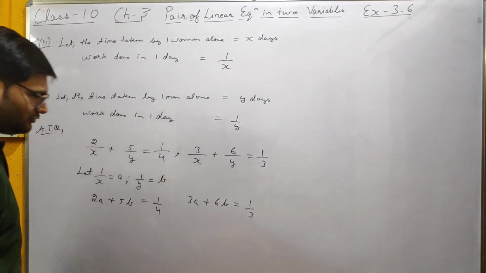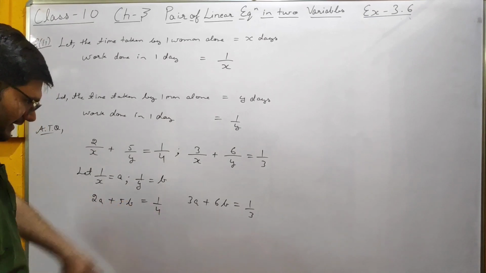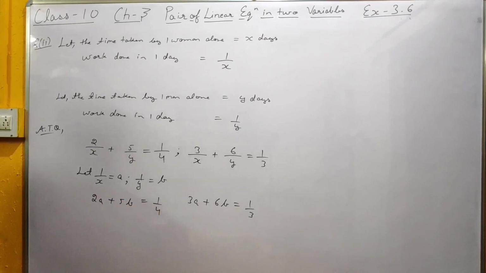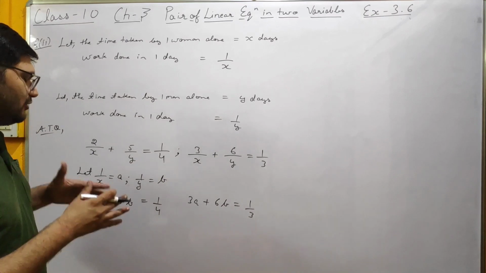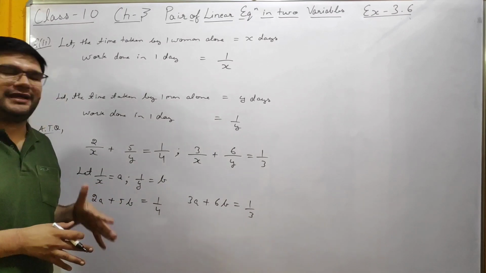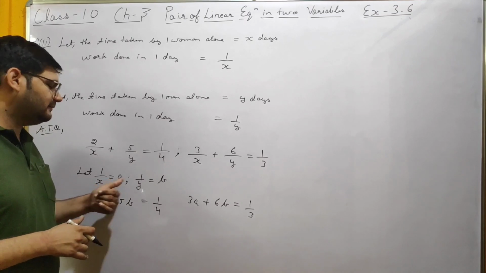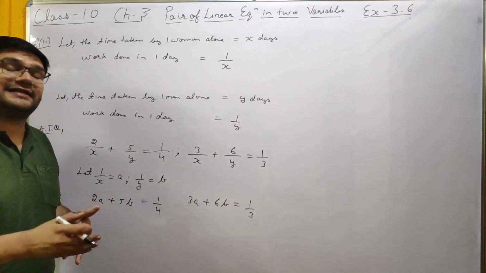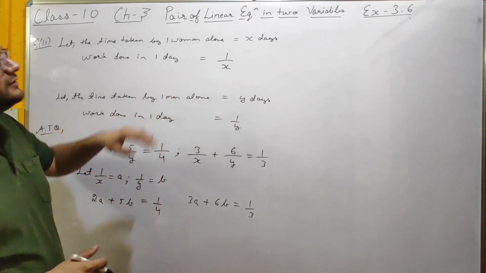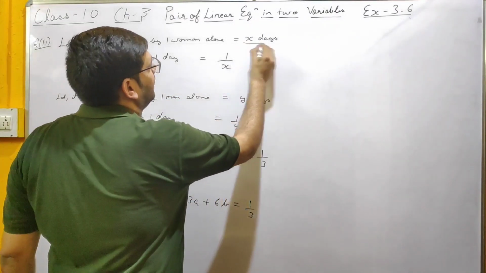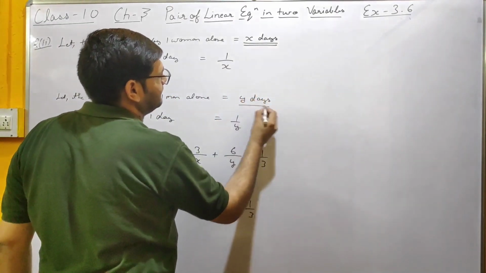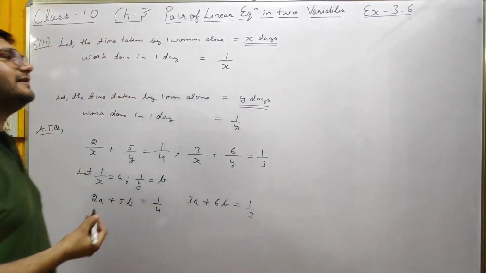Then you can solve these equations, just cross multiply and find the values of A and B. After that, put them back and find the values of X and Y, because we need to find how many days.